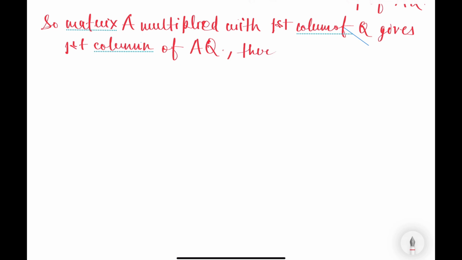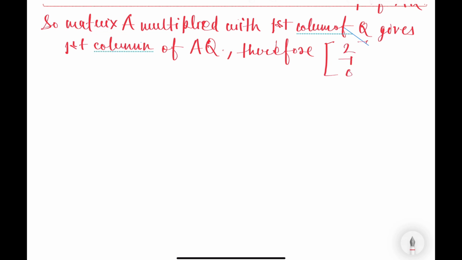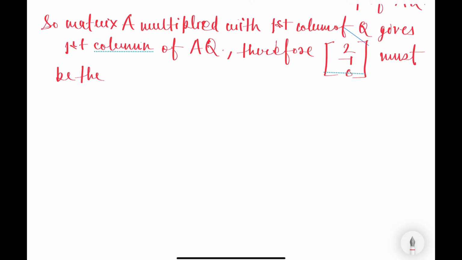Therefore 2 minus 1 0 must be the first column of AQ.